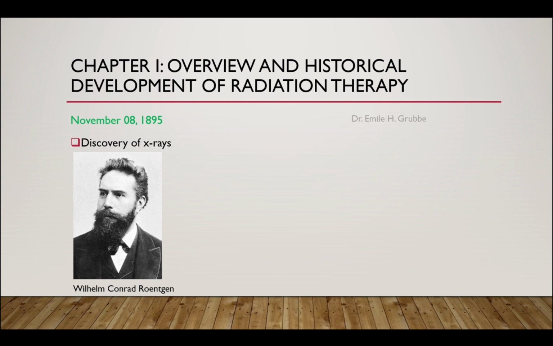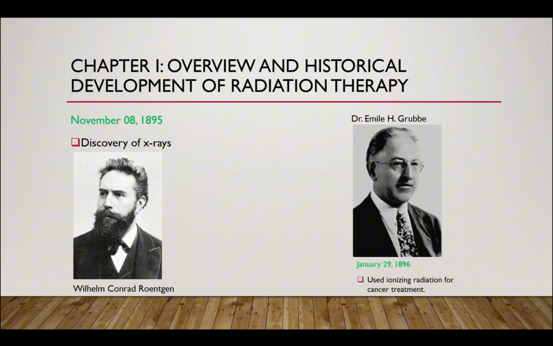So the following year, months after Wilhelm Conrad Röntgen discovered X-rays, Dr. Emil H. Grubbe, specifically on January 29, 1896, used ionizing radiation for cancer treatment. Okay, so after the discovery of X-rays by Röntgen, many physicians, scientists, and doctors actually used this discovery of X-rays in their clinical work, including Dr. Emil Grubbe.